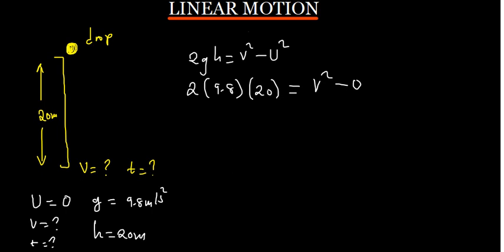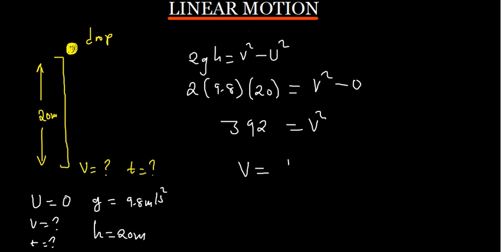So we'll just get to multiply. First, 2 multiplied by 20, that is going to be 40. And then 40 multiplied by 9.8, this is going to be 392. And this is going to be v squared. So to remain with v, square root both sides, friends. So that is going to be the square root of 392.